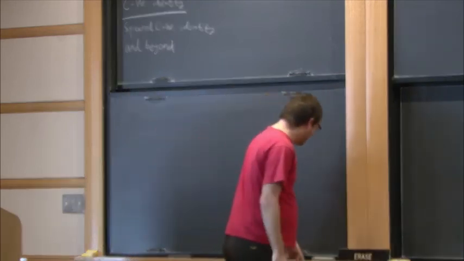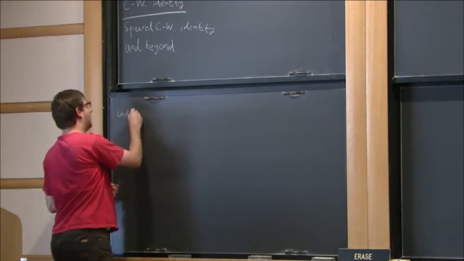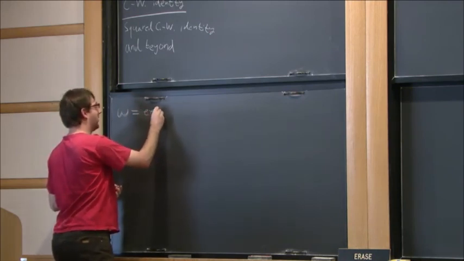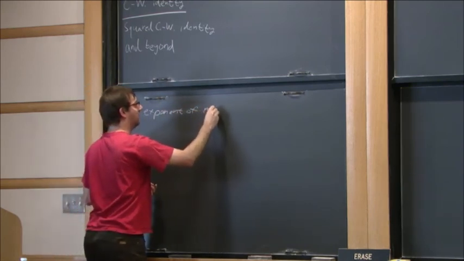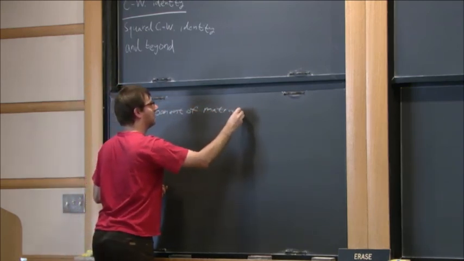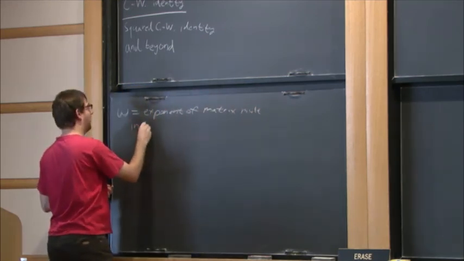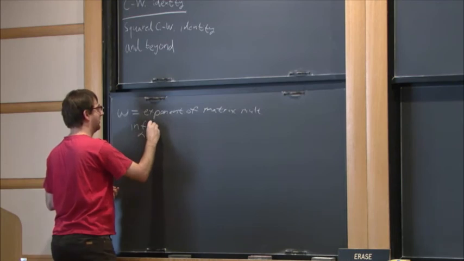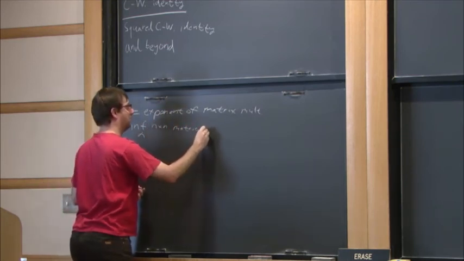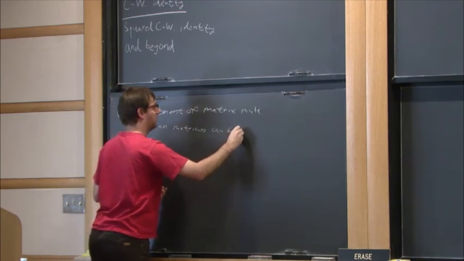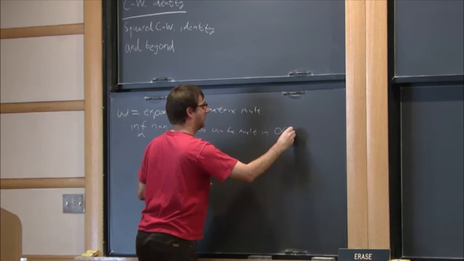So we'll start with the recap. Omega is the exponent of matrix multiplication. It's the infimum over all alpha such that n by n matrices can be multiplied in order n to the alpha.